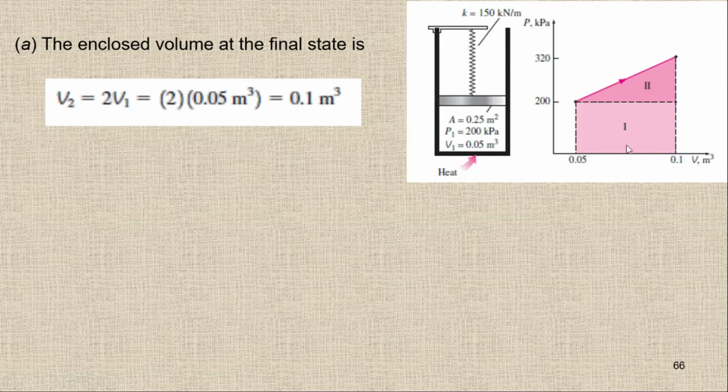This is the process where there is no spring, and this is when we have a spring on it. We don't know about the final pressure. We will get a linear line here due to the spring. You can draw a straight line upside at V2, and you will get this triangle. Right now, we don't know what is P2.